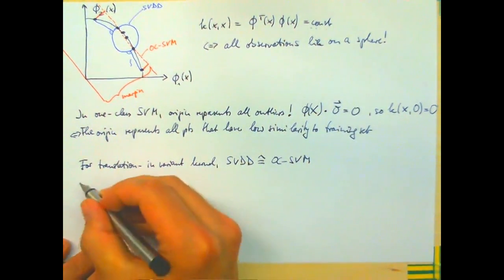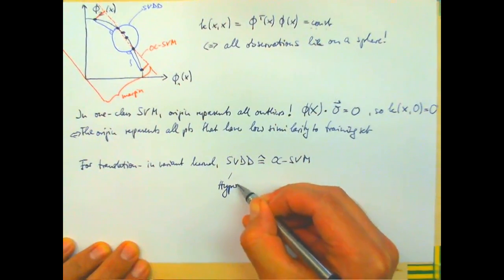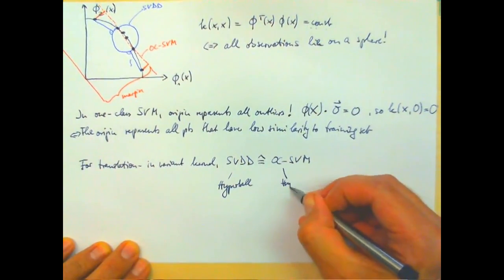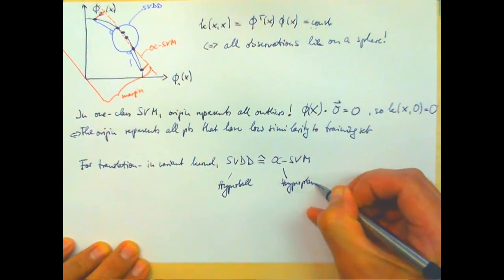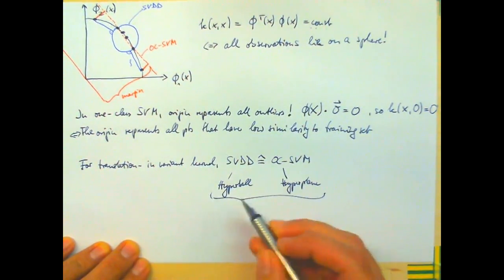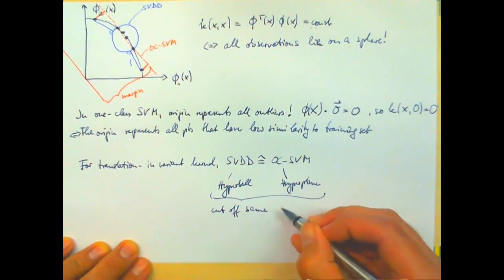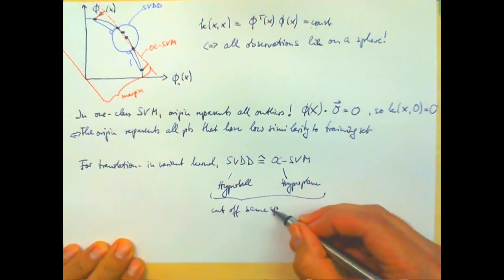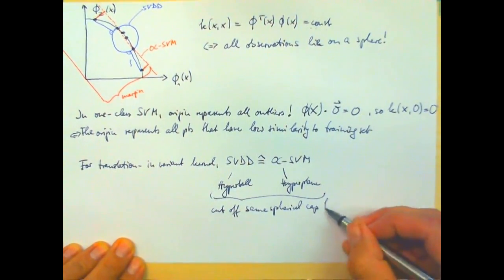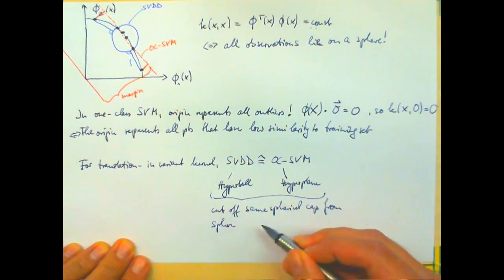And the hyperball that we use for the support vector data description and the hyperplane that we used for the one class SVM, they both cut off the same spherical cap from the sphere that holds all observations.